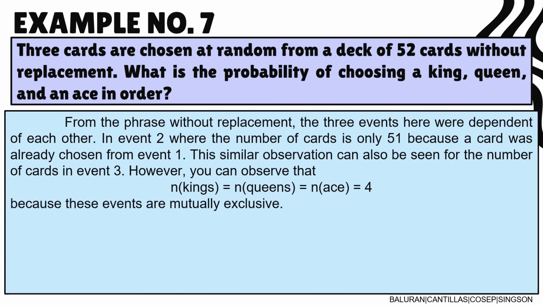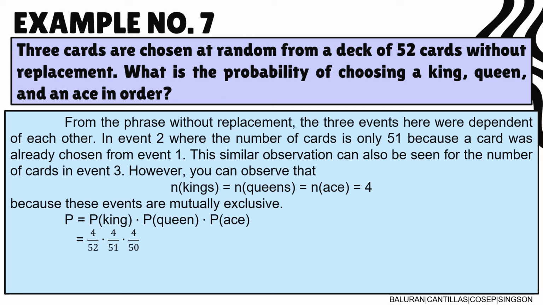And these events are mutually exclusive. So to find the probability of this problem, we simply have to multiply the probabilities of the king, queen, and ace. First, the probability of getting a king gives us 4/52.